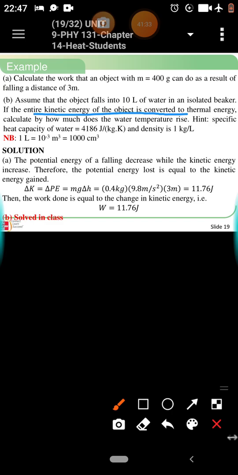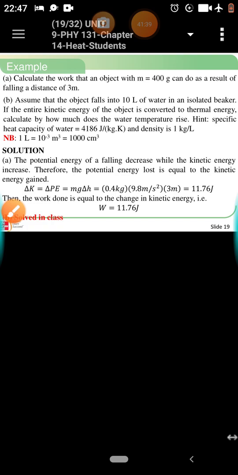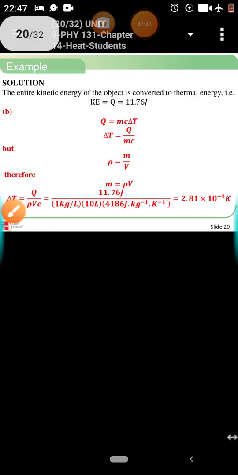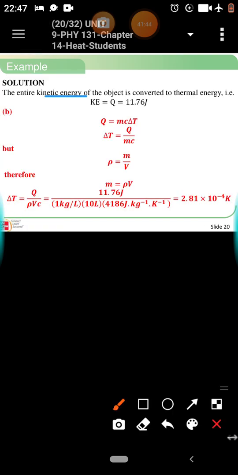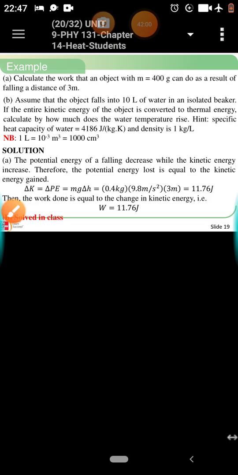Now since we have the kinetic energy, we can use that from here. The kinetic energy of an object is converted to thermal. So this means that the kinetic energy will be equal to Q, which is the thermal energy. Then this will be like this.